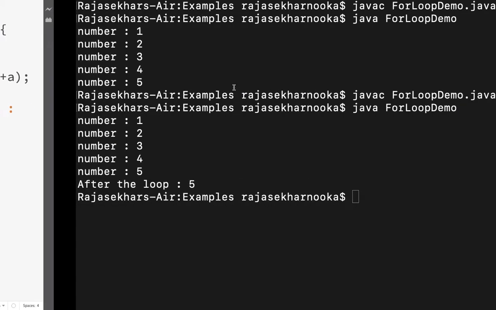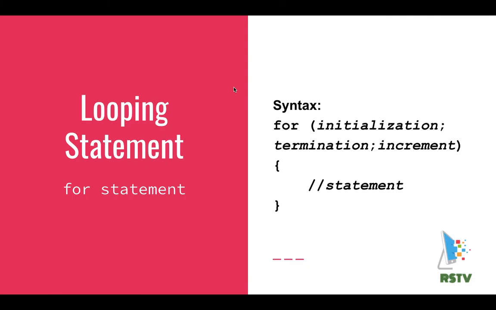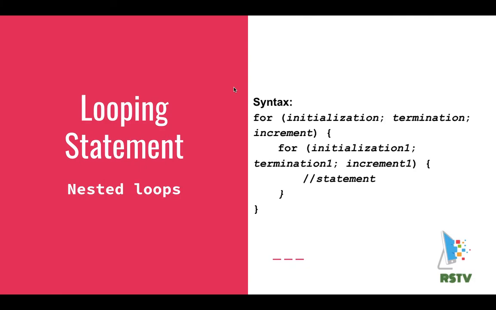Next we'll go for nested loops. In the previous conditional statements we checked nested if conditions, right? Like that, here also nested loops exist.